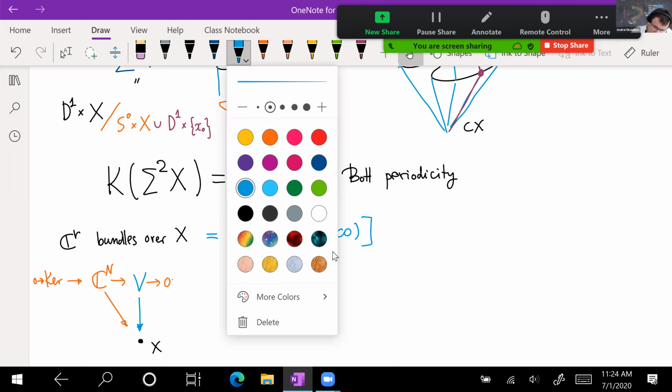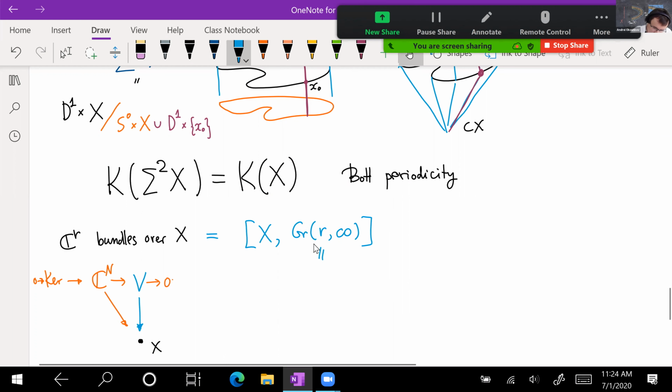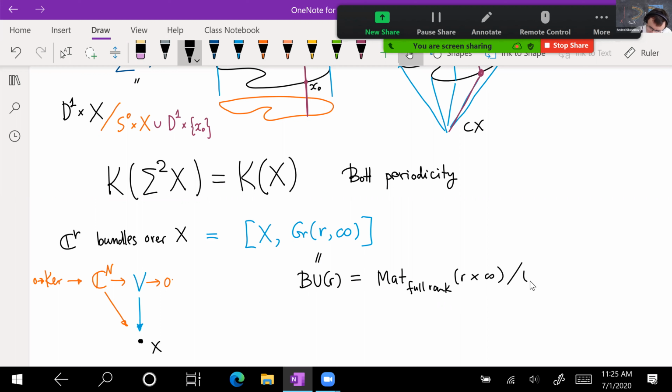And so this space is called the classifying space. This is BU_r. It's a quotient: you take matrices of full rank of size r times infinity, and you mod out by U_r.